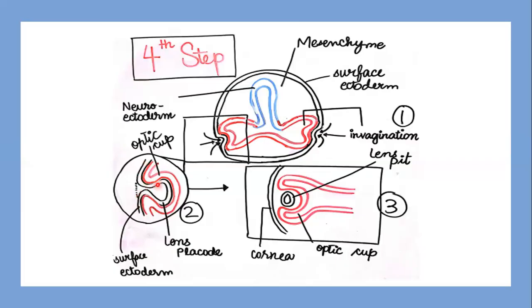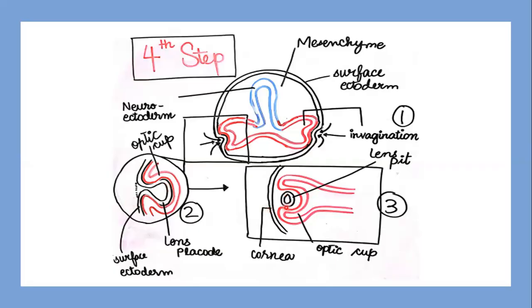So this circular thing is the lens placode. The structure surrounding this red circle is the cup form, which is the optic cup. And this surface ectoderm will be converted to the cornea. So over here you can see it is the cornea, which is the surface ectoderm that has taken its place again. The circular portion over here, which is cut off, is the lens placode.